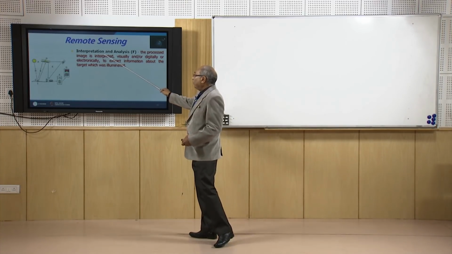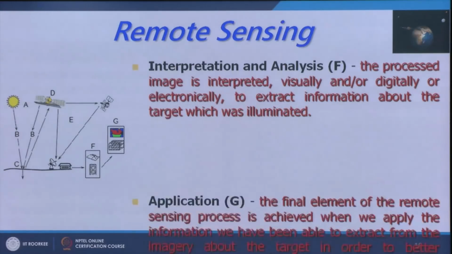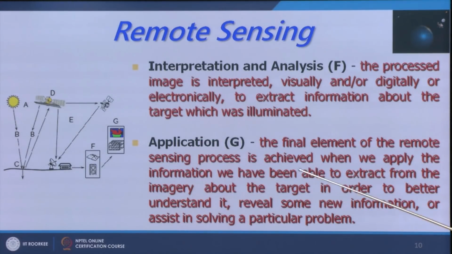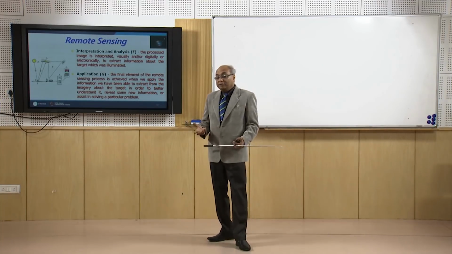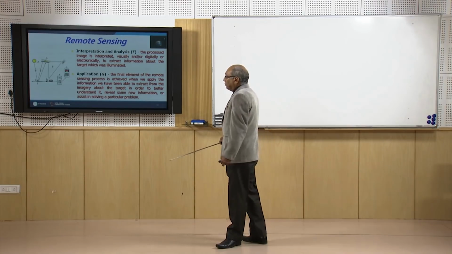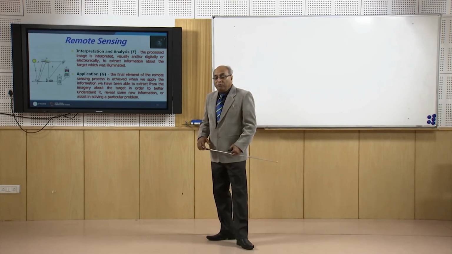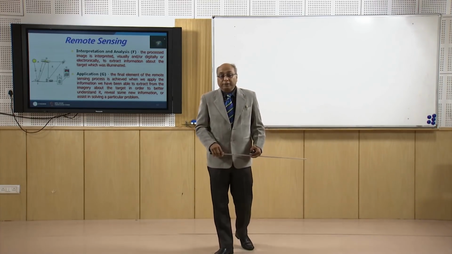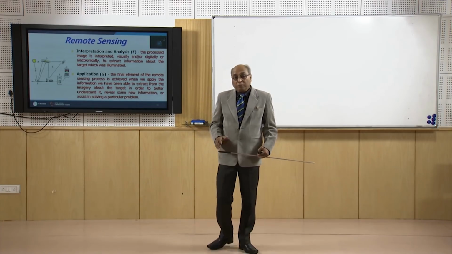So we put all this in interpretation and analysis, and finally the G component, that is application, which is the most important one. The data is there, every setup is there, but the data has to be applied somewhere. There are a lot of applications. People are employing the data for weather forecasting and weather monitoring.